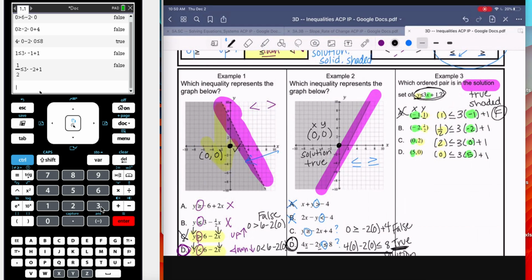That one is also false, so B is not the correct answer. I'm going to try again with C. Plus 1. Enter. That one tells me that it is also false.